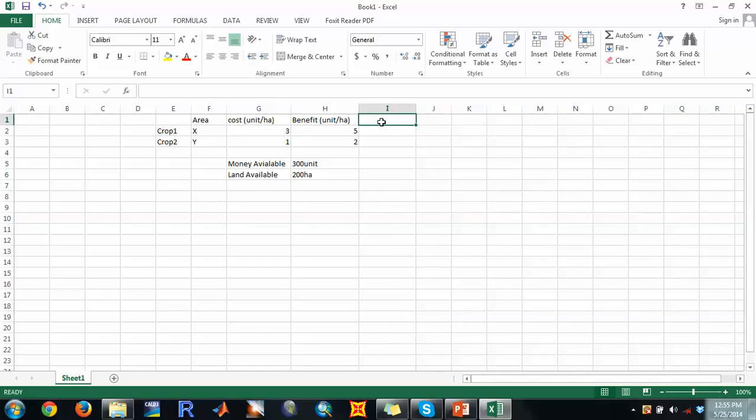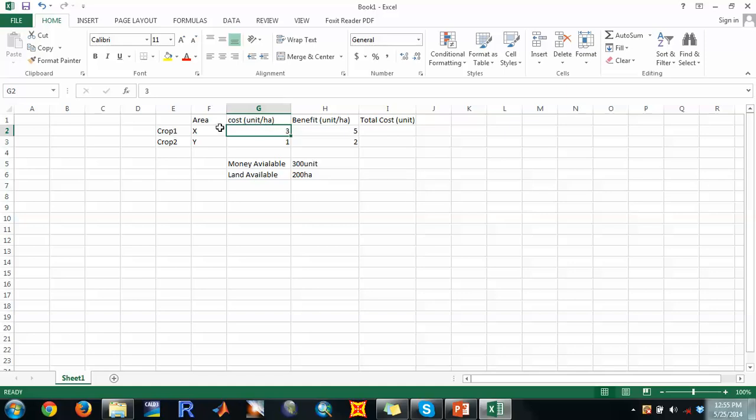So if you want to find the total cost, in whatever units, it can be birr, dollar, or pound. You have the area and the cost per unit area.